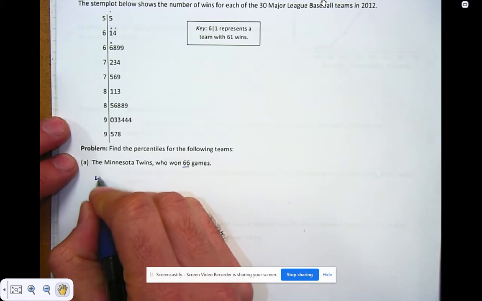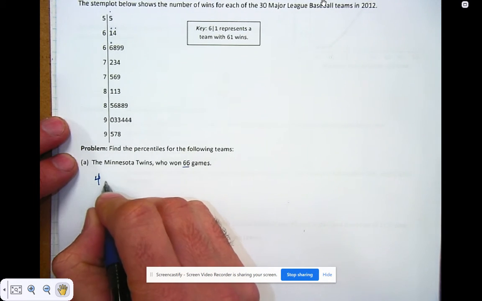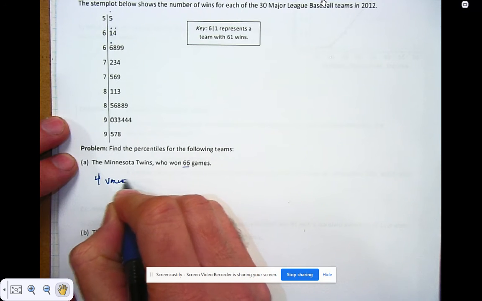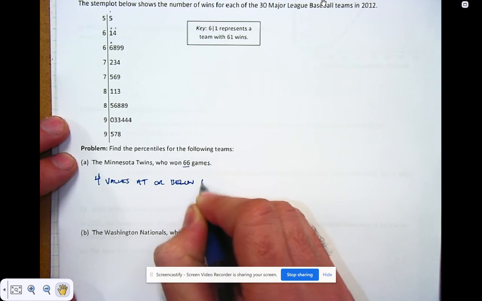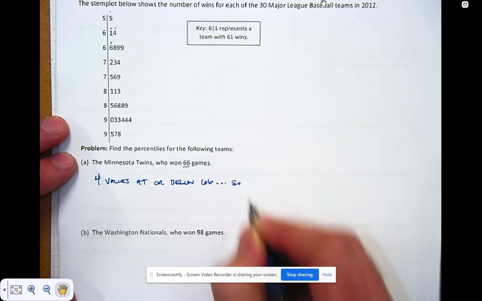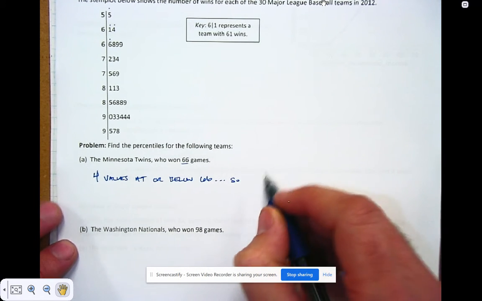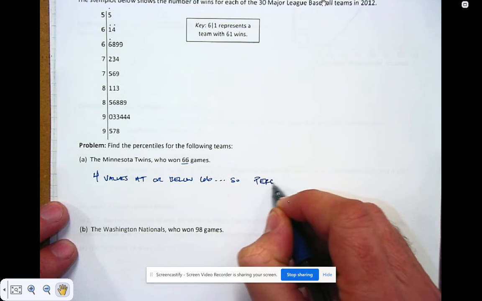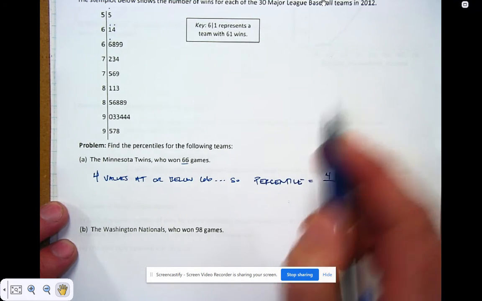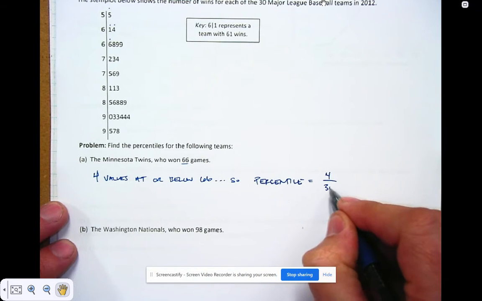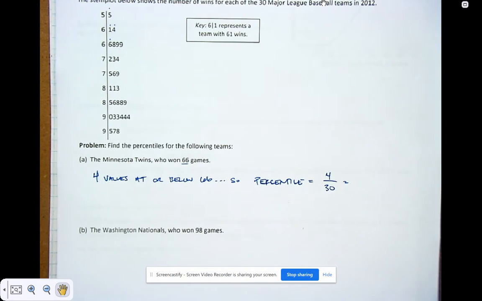So there are 4 values at or below 66. So you would say that the percentile is simply 4 out of a total, right, of 30 teams, which is obviously a little bit more than 10%.